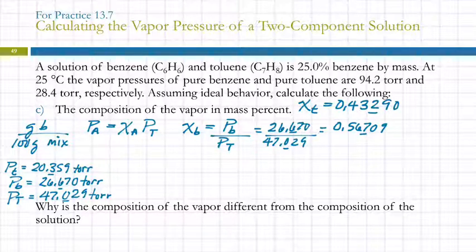Well, there's a couple ways to think about this. We could say, well, what if I had 1 mole of the mixture? That would tell me the number of moles of toluene and the moles of benzene. I can use the molar masses and calculate the masses of the substances. That makes sense?